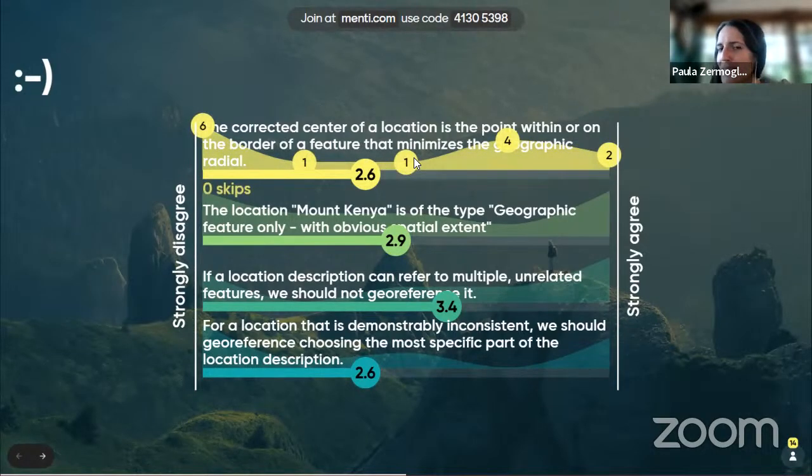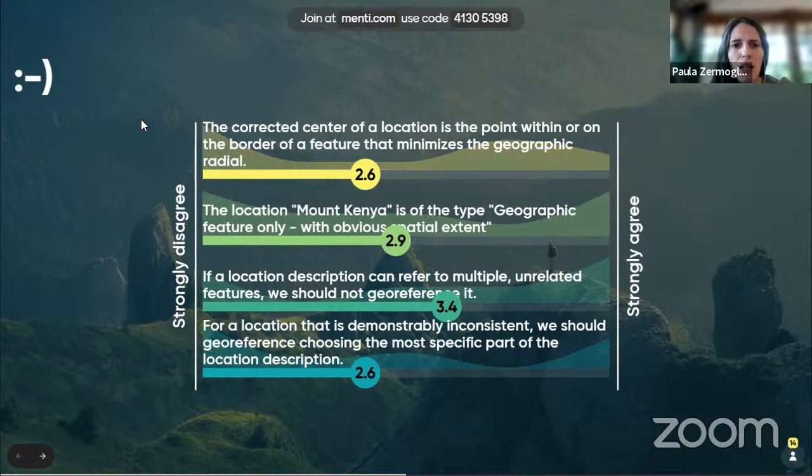A couple of people are towards the disagree but are not sure. Some people say that it is probably true, and two people say, yeah, this statement is true. And the correct answer is this statement is true. The corrected center of a location is a point within or on the border of a feature that minimizes the geographic radius.